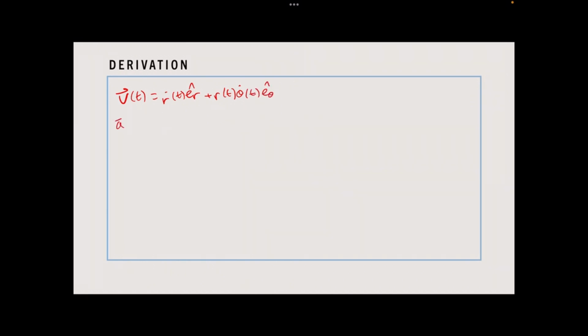And we know that a of t is r double dot(t) minus r(t) theta dot(t) squared, that's for e_r. And then for our e_theta term, we have 2 r dot(t) theta dot(t) plus r(t) theta double dot(t). And that's for e_theta.